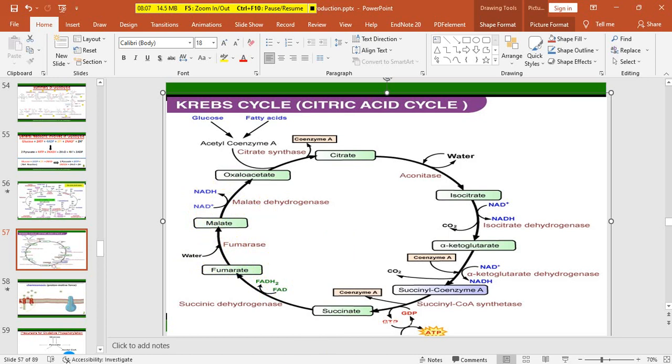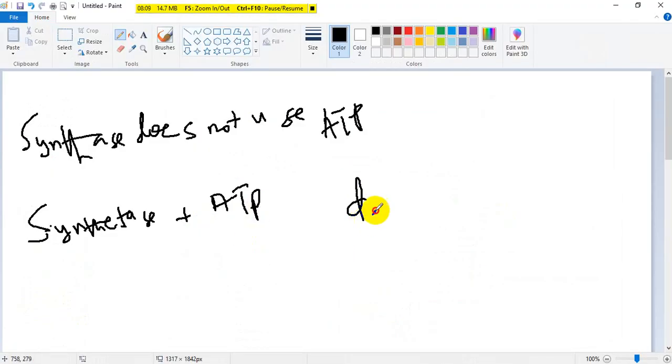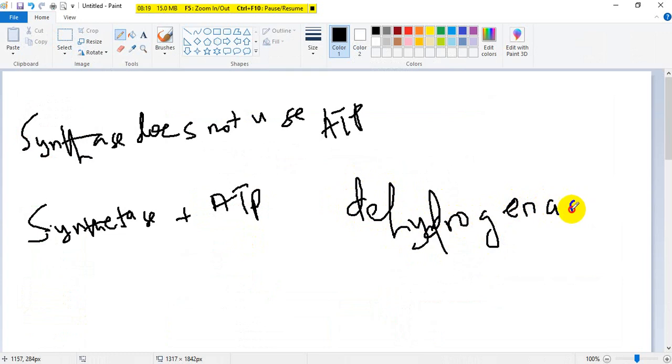So whenever you see a dehydrogenase enzyme, any enzyme having dehydrogenase, it means that it catalyzes an oxidation reduction reaction.